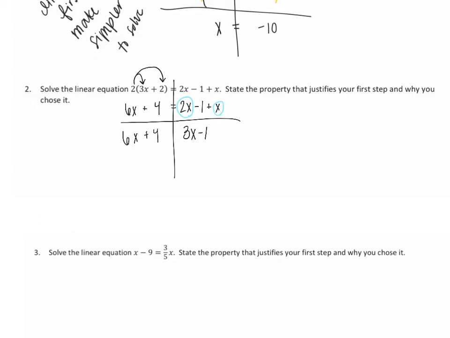Okay, now I'm going to use my subtraction or my addition property of equality to move this 1 over. This becomes 6x plus 5. Over here, this just becomes 3x. And then I'm going to use subtraction property of equality, take this 6x away.